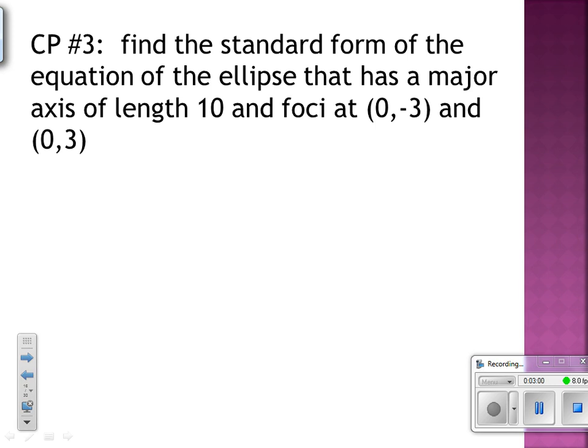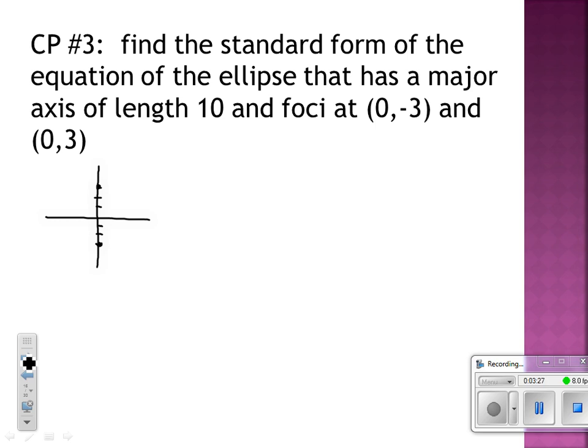So checkpoint number 3 says find the standard form of the equation of the ellipse that has a major axis of length 10 and foci at (0, -3) and (0, 3). Now, first thing that I generally do with this, if I know that my foci are (0, 3) and (0, -3), those 2 points lie on the y-axis.